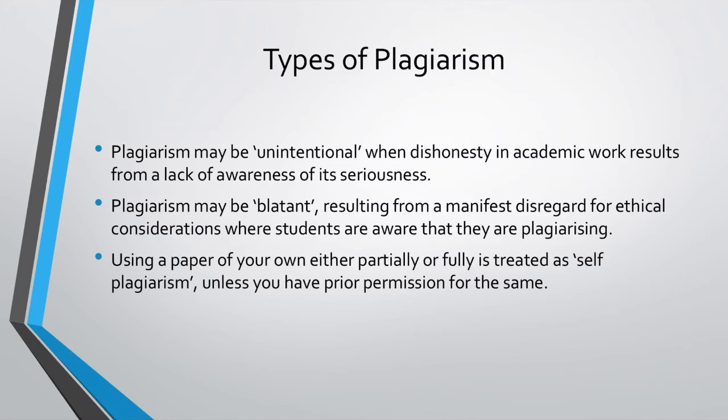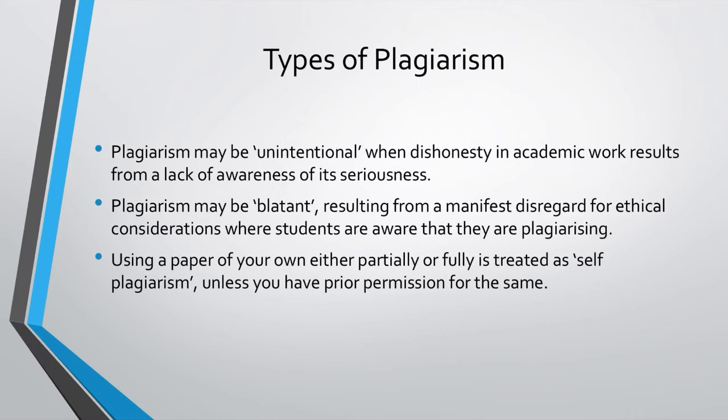Plagiarism may be blatant, that is resulting from manifest disregard for ethical consideration, where students are aware that they are plagiarizing. Now it's blatant when you know that it's seriously offensive and still you are copying it.